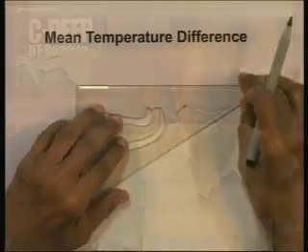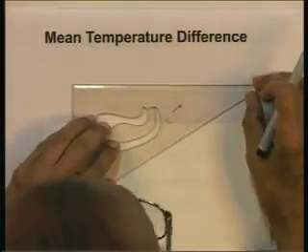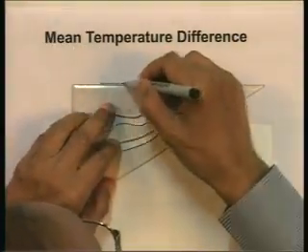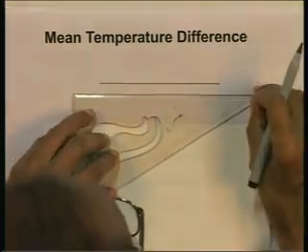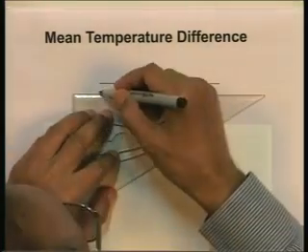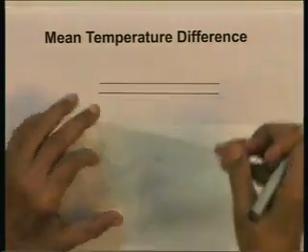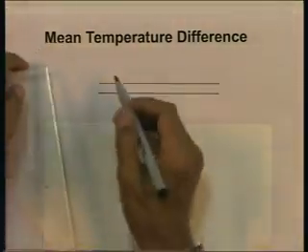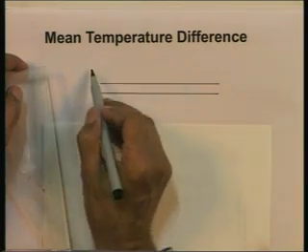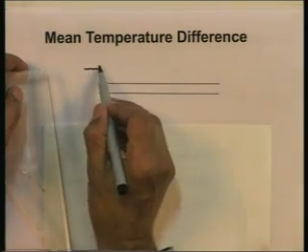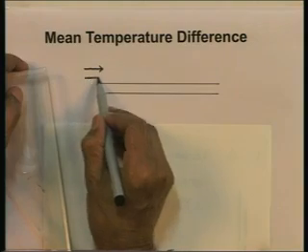Let us consider some heat transfer surface. Let me draw a heat transfer surface like this, across which heat is flowing. A hot fluid, let us say, is flowing on the top side.